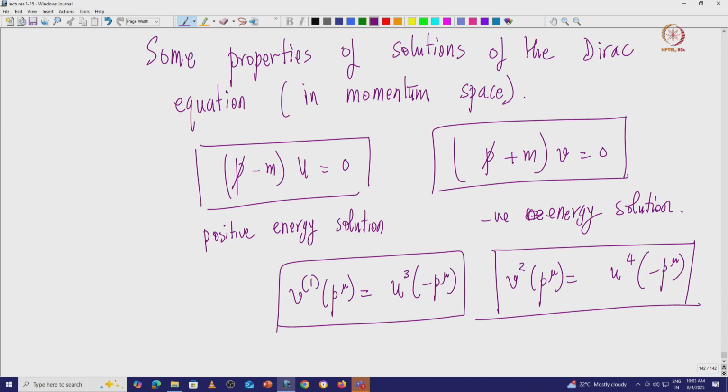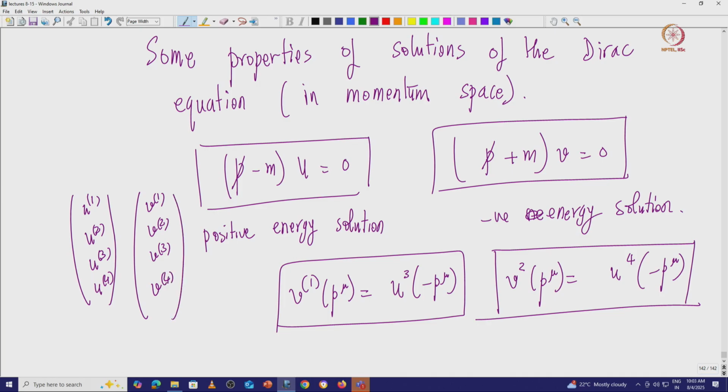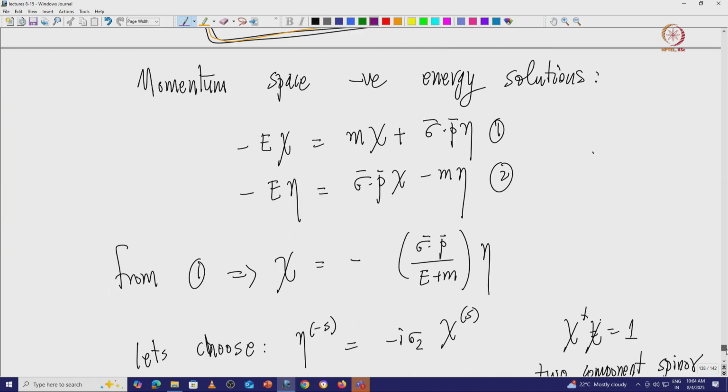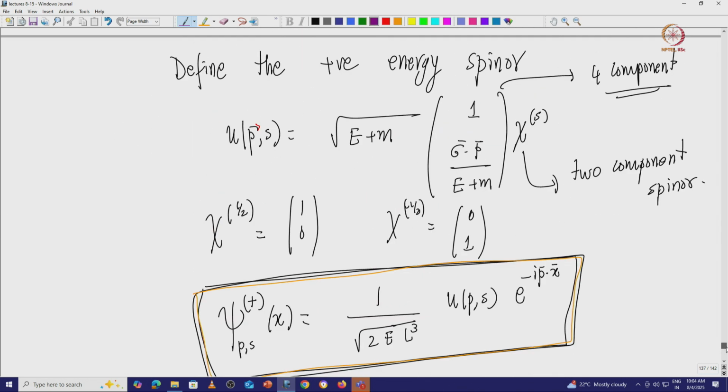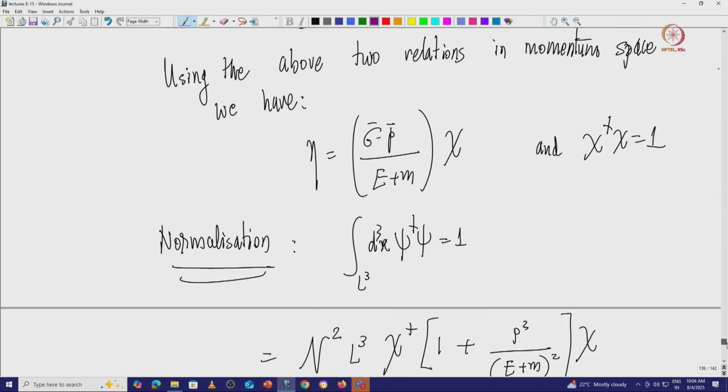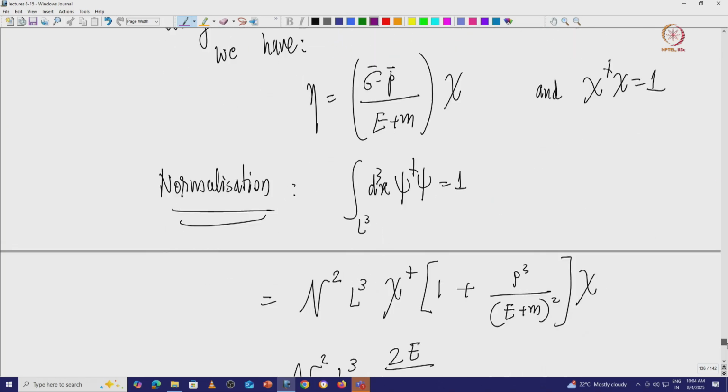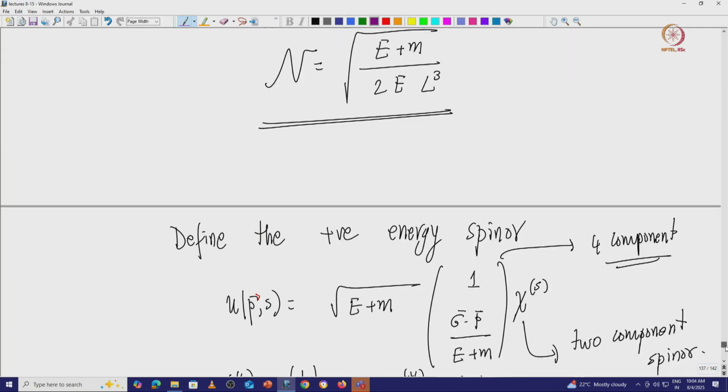What I mean is that you have 4 components of the u spinor: u1, u2, u3, u4, and the v spinor has v1, v2, v3, v4. This can be seen, as u and v we have written explicitly in this fashion.